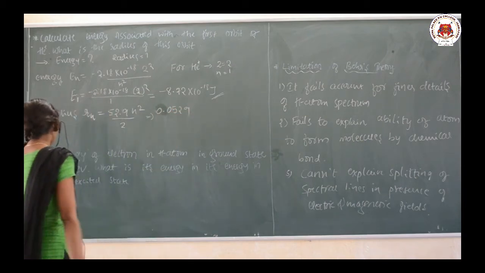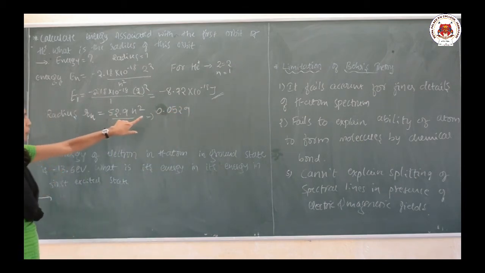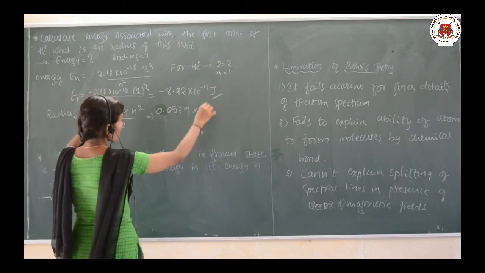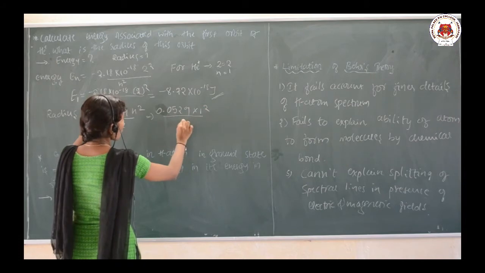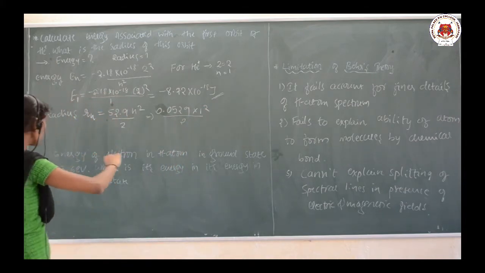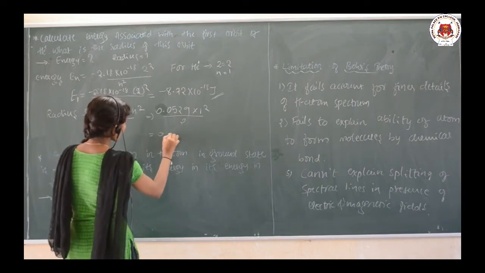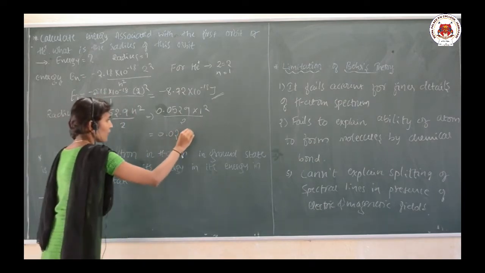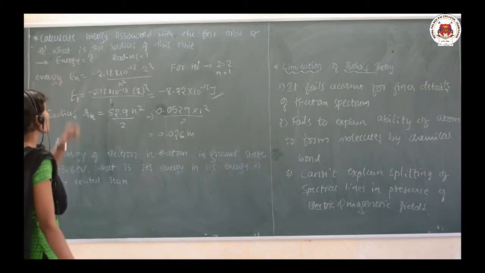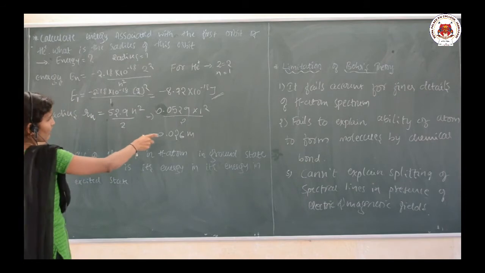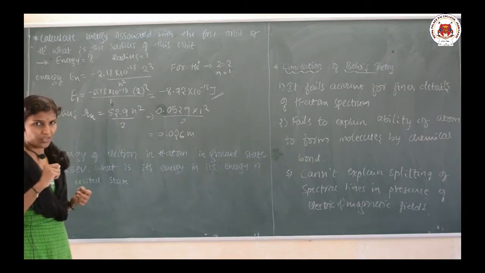So 0.0529 into N value, already we have 1, that is 1 square divided by 2. If you simplify this, it will be around 0.026, the radius of this given He plus orbit.